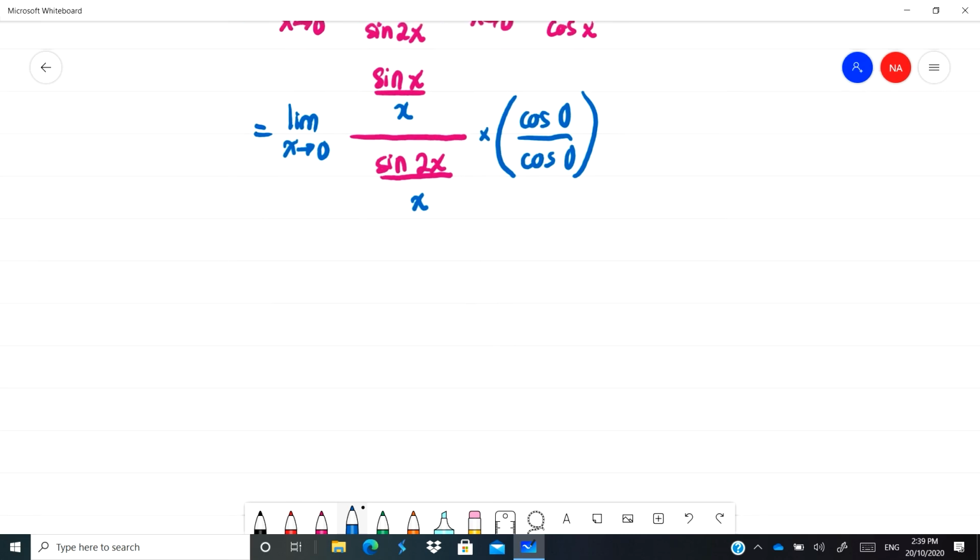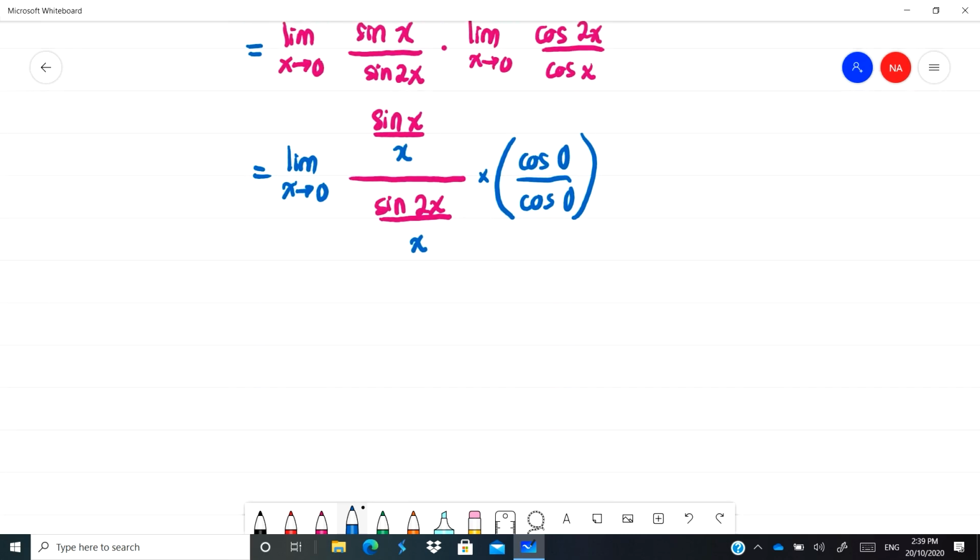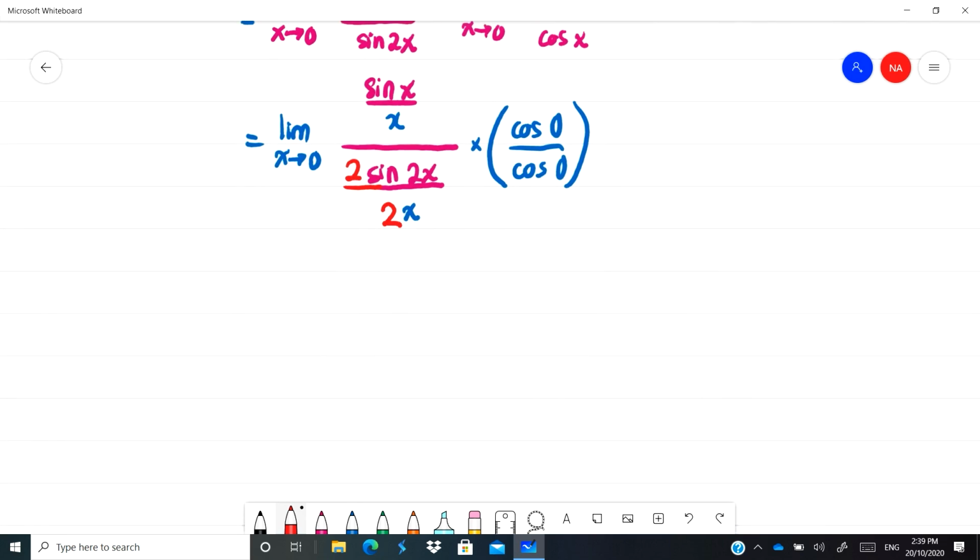For this part we have to modify these so that we want this 2x here. So we have to put 2 here, but you can't simply put 2 there, you also have to put 2 at this part. So it will become something like this: limit as x approaching 0 of, for the numerator you just leave it as sin x over x.